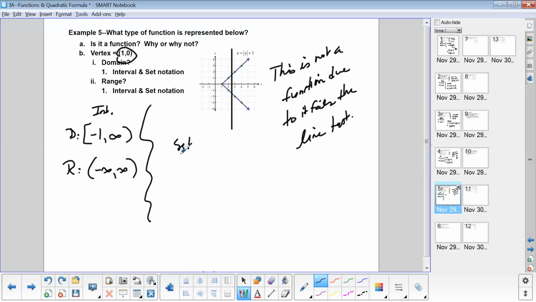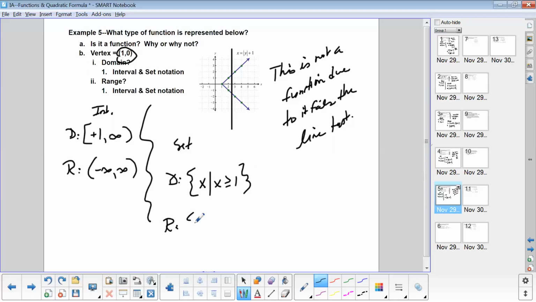So our set notation for the domain would be the set of all values x such that x is greater than or equal to 1, and that should be a positive 1, my mistake. There should be a positive 1 there.